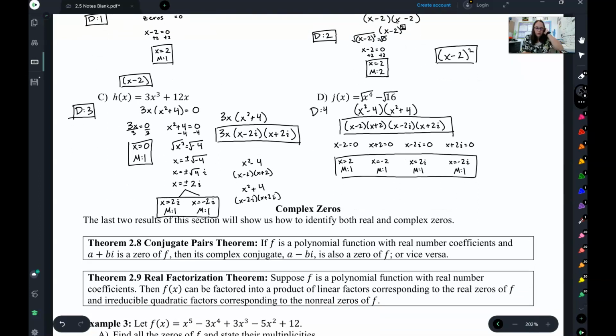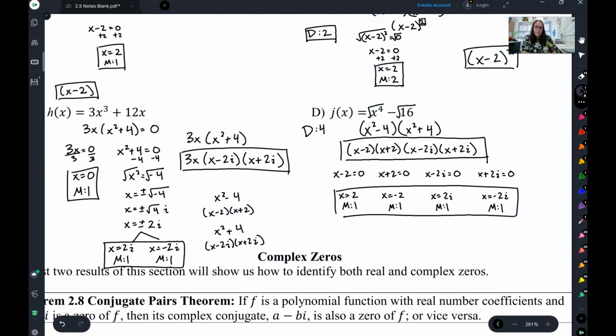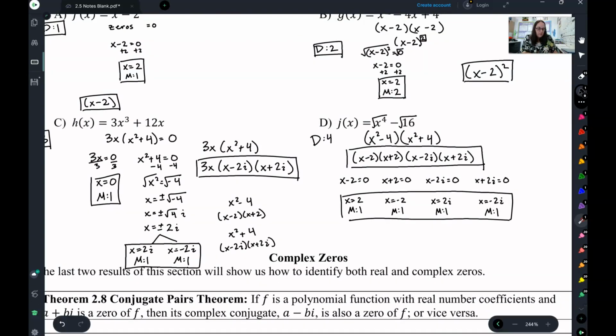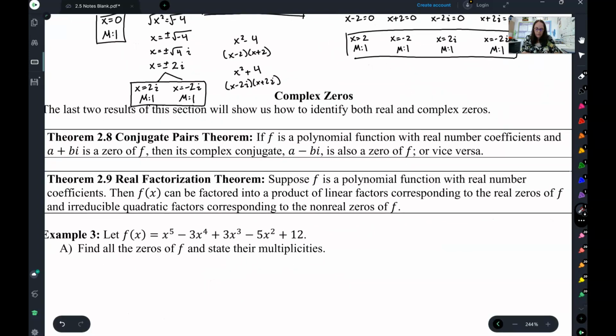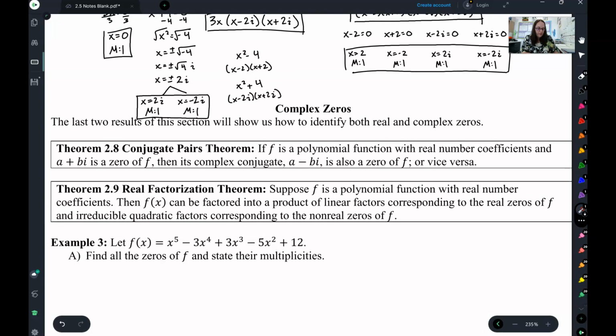Now, one thing that you may have noticed about my imaginary answers. The imaginary answers always come in pairs. The plus or minus 2i. And that is actually something that will always be true. This is our conjugate pairs theorem. If a polynomial has a plus bi as one of the zeros, then its conjugate, a minus bi, is also a 0.